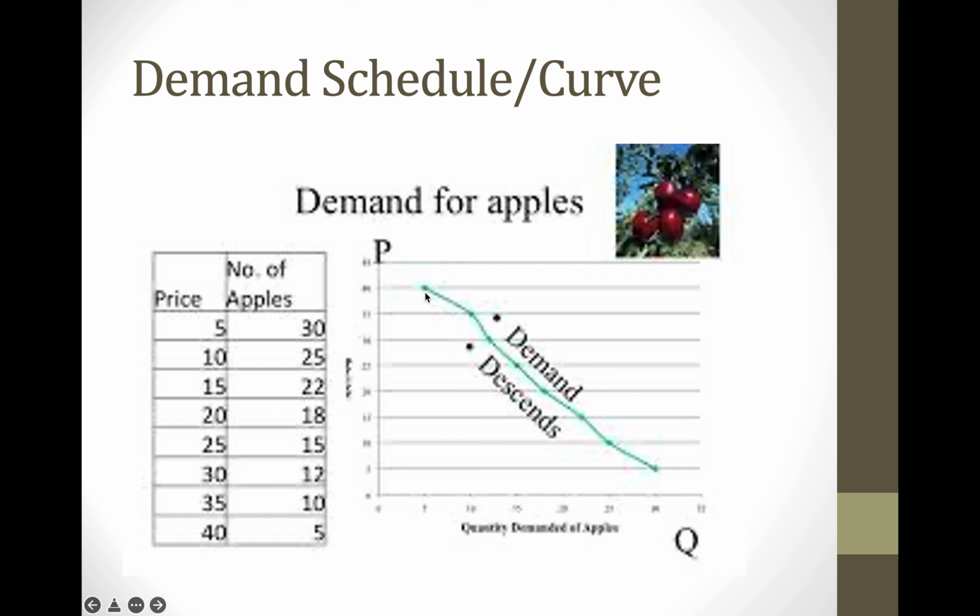And so then we plot that curve, and we can see that the curve starts at these higher prices at a lower quantity, and as the prices start to come down, we start to move away from zero, and our quantities get bigger, so that we have a downward sloping demand curve because of the law of demand. That is why the curve slopes downward. When we increase prices, quantity comes down. When we decrease prices, quantities go up.